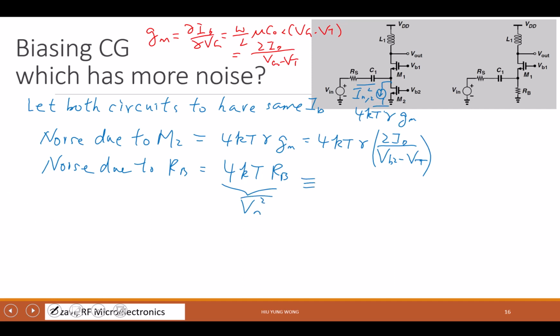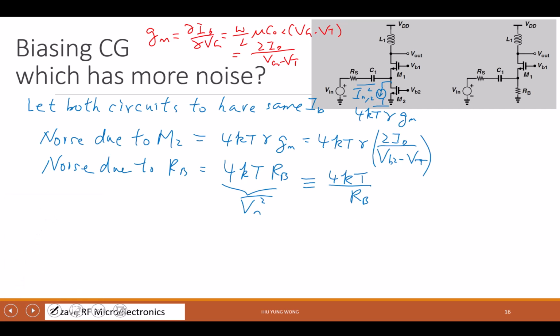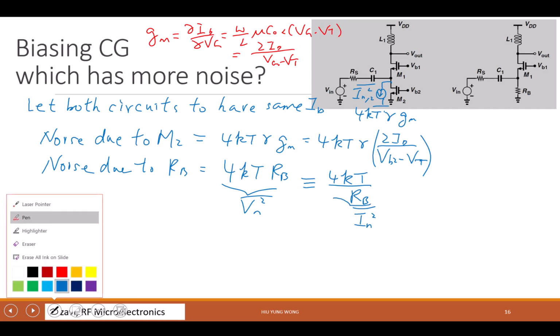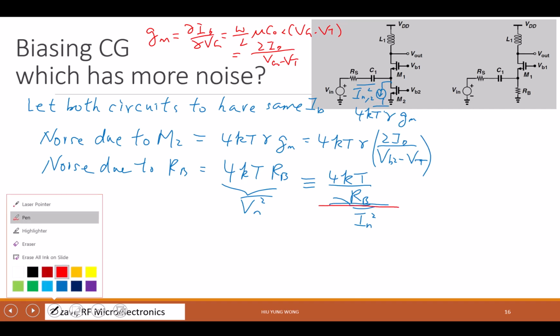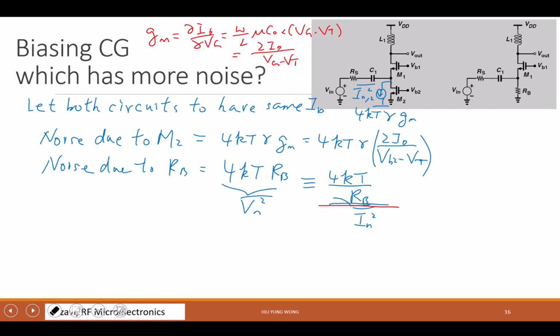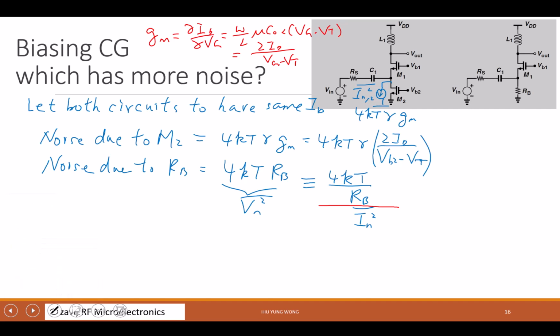But it's also equivalent to 4kT over RB if you make it a current. It's becoming very messy. If you forgot, I still want to spend time to talk about this Thevenin equivalent circuit.